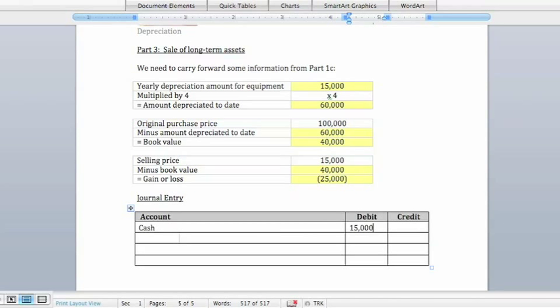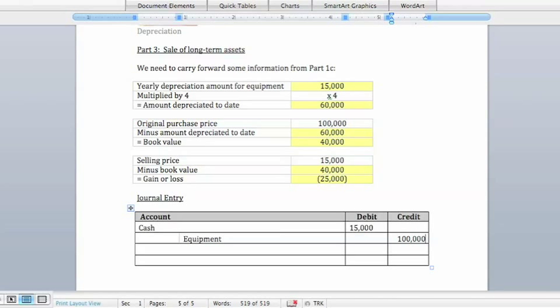Now the next 2 entries are designed to pull this particular asset completely off our books. Right now we have equipment of $100,000 still on our balance sheet, and so it has a current debit balance, and so we're going to need to credit this equipment for $100,000 to completely pull this off of our books.